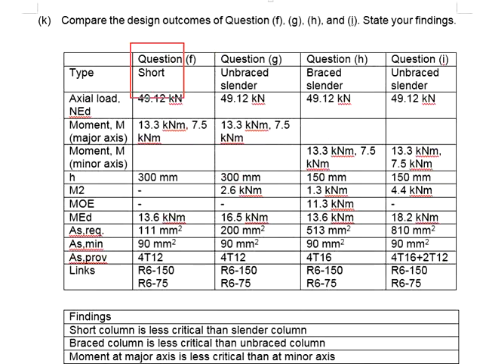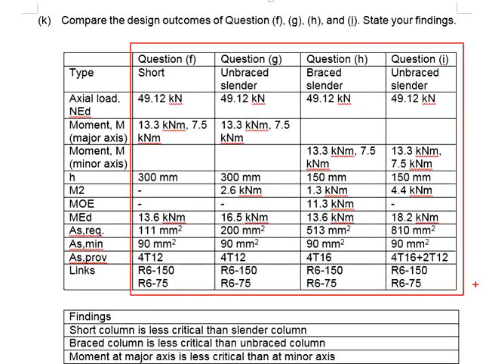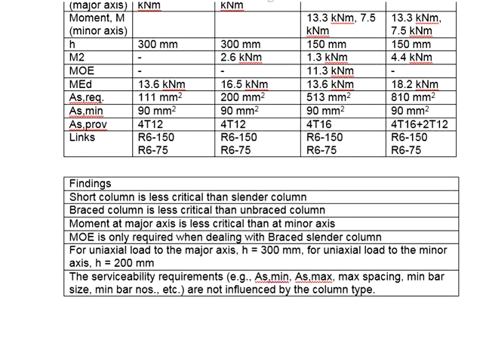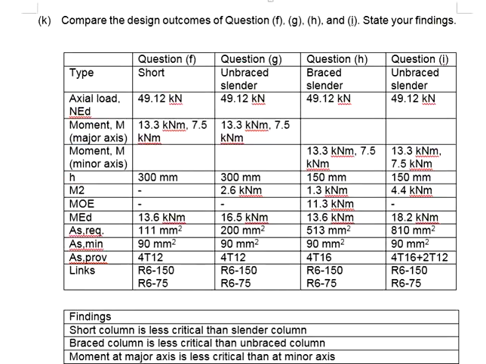By comparing the calculated results side by side, there is a lot of understanding that you can acquire. First, you know that the short column is actually less critical than the slender column. You may compare the short column against the slender column.